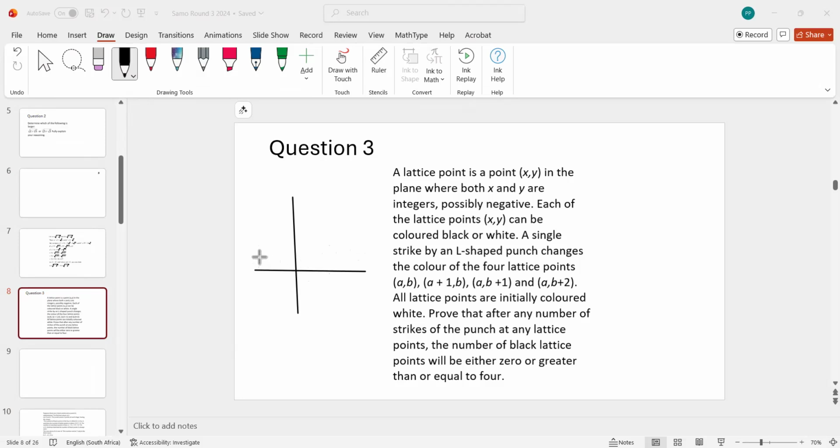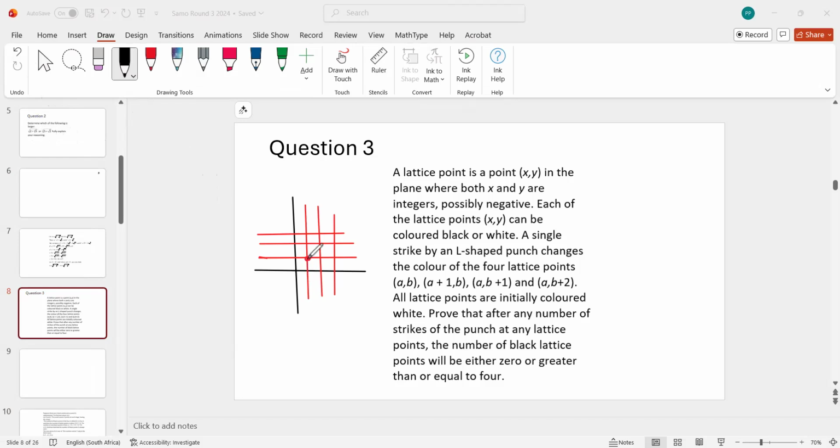And if you look at all these points, they lie on lines like this. So these are integers 1, 2, 3, and this way, if you go 1, 2, 3, the y coordinate is also an integer, and therefore the points that we are looking at are the intersection of these lines.